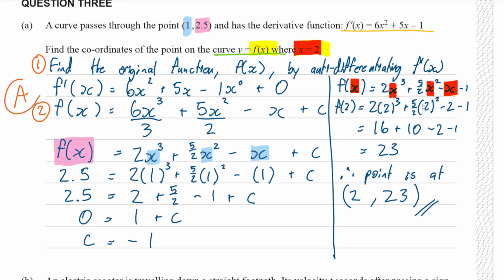We then realized we had to solve for c, right, by substituting in the given point on the function, so that we could then put it back into our function and solve for the y value. And in solving for the y value, we then found the point, right, the x comma y point. And we're done.